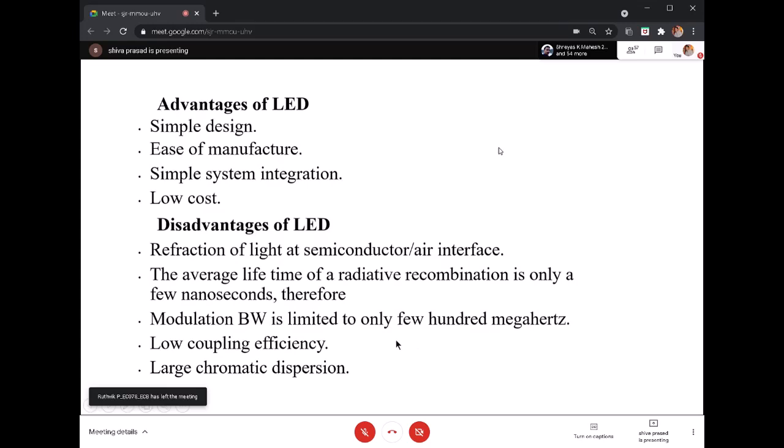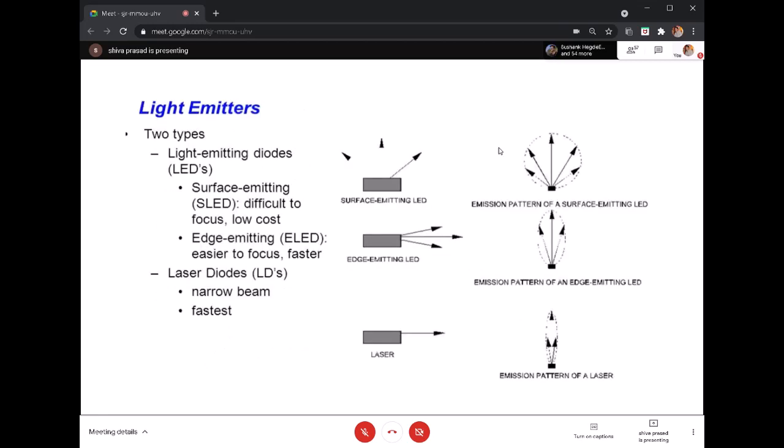You can't go to a larger frequency. That is a disadvantage. It also has low coupling efficiency and large chromatic dispersion. As you all know, the LED has a large chromatic dispersion.